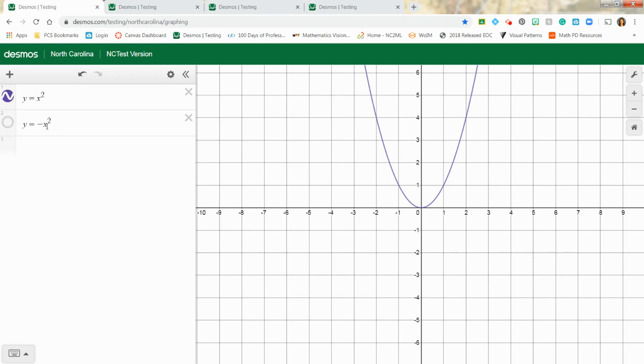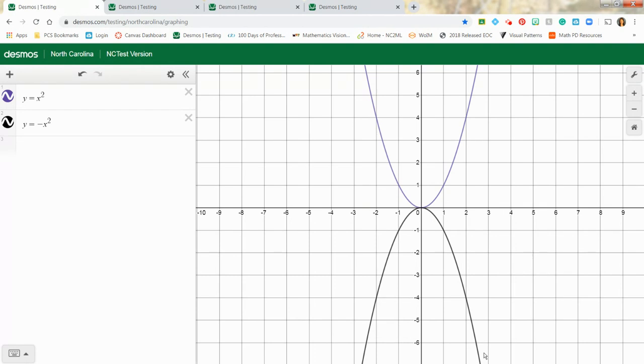So when I change x squared to negative x squared, you'll notice that now I have the exact same parabola, but it's been reflected and now is all negative output values in this case. My vertex went from being a minimum to a maximum, and my graph is now opening down.